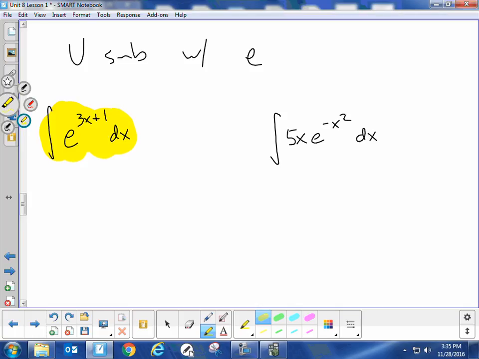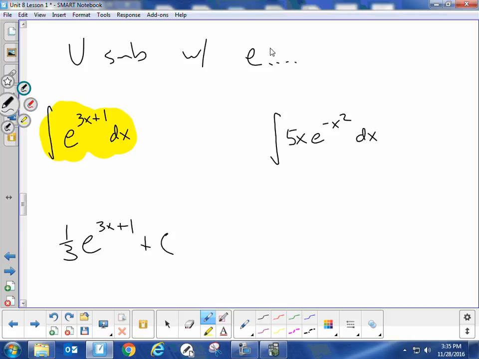When you take the derivative of e to the 3x plus 1, you're going to have that additional 3. You should be able to figure out that this antiderivative would be 1/3 e to the 3x plus 1 plus c.